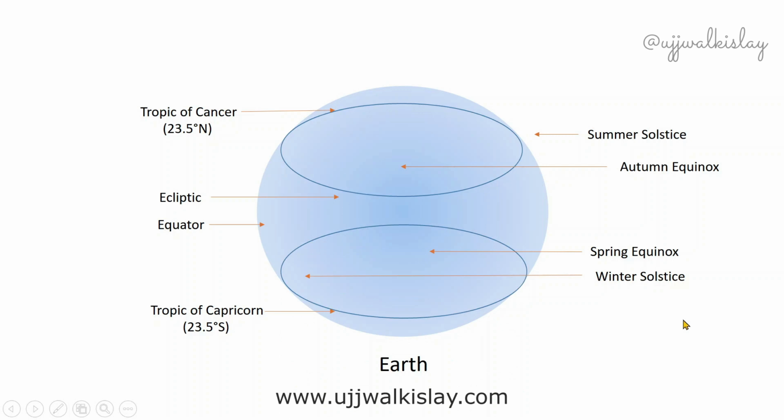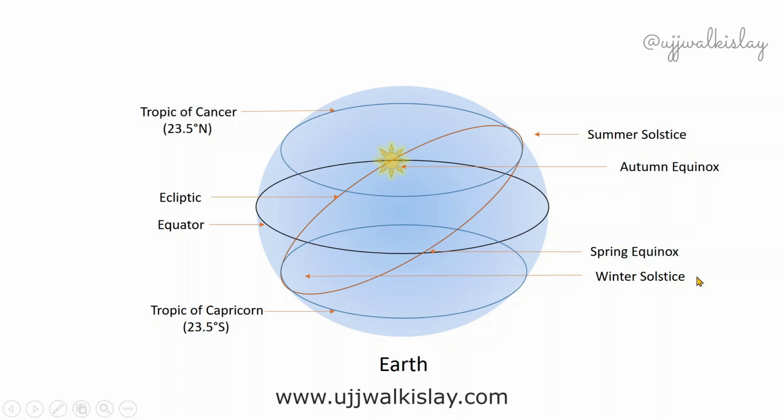This diagram will further explain the terms. In this diagram, as you can see, this is our Earth. Here at center we have the equator, and this circle at 23 degree north is Tropic of Cancer.